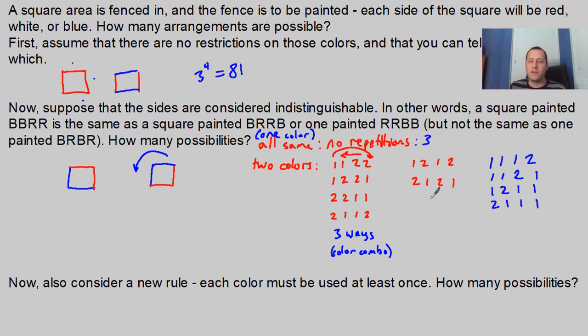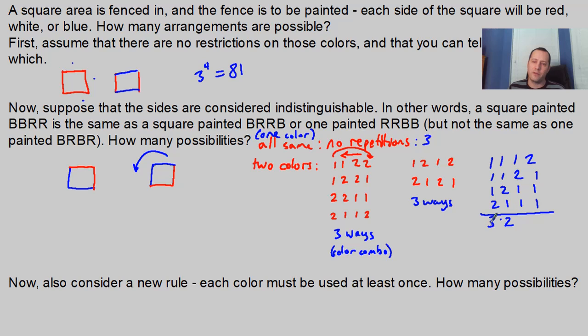And then here it's also 3 ways. Because again, you're picking your 2 colors, and it doesn't really matter which one's 1 and which one's 2 here either. On this one, however, it does matter, right? Because the 1 is different than the 2, because there's 3 of the 1 and there's 1 of the 2. So now we have to pick the first color, and then you also have to pick the second color.